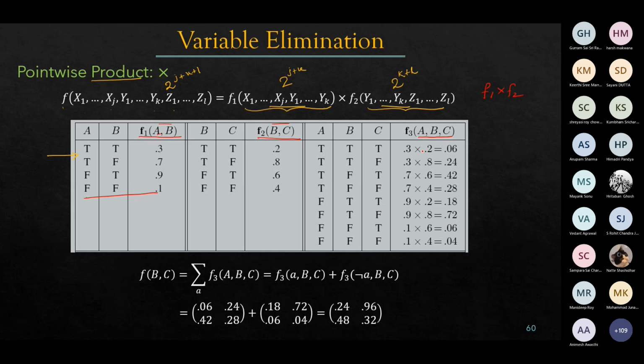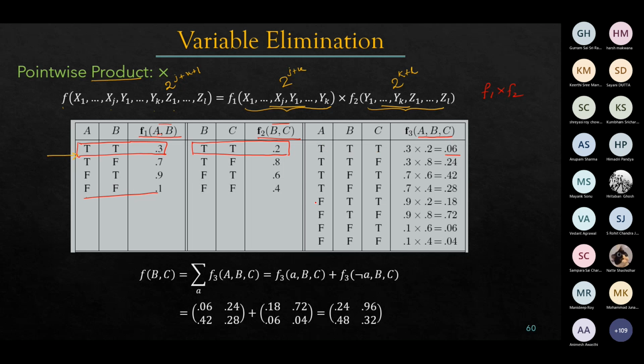And as a result, the values for each row: we take this row and do a pointwise multiplication, and we get 0.06 here. The assignment of ABC will be true, true, and true.